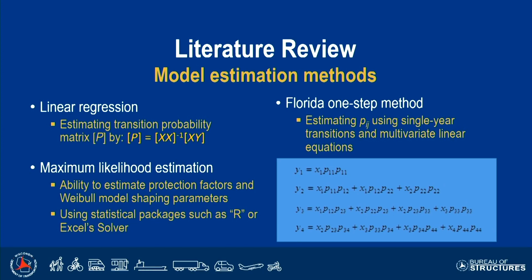Maximum likelihood estimation comes into play with the Weibull factor. We also use that because we tried to pool all our construction history, and it turned out that some of the states didn't have a very good data set for construction history, so we ended up having to use a modification factor on that first transition from condition state 1 to condition state 2.